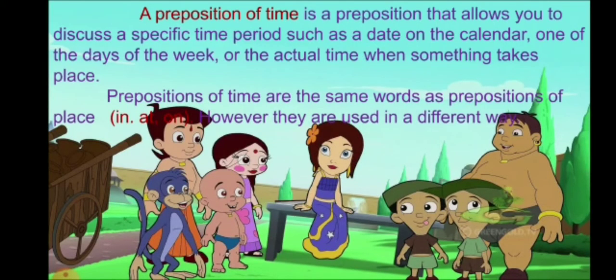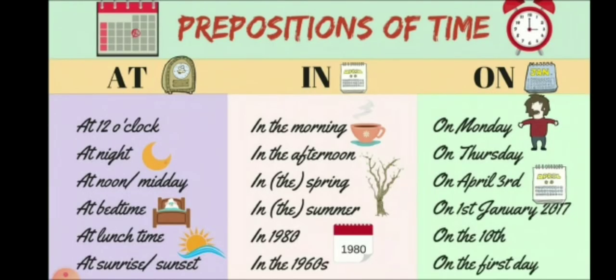A preposition of time is a preposition that allows you to discuss a specific time period, such as a date on the calendar, one of the days of the week, or the actual time when something takes place. Prepositions of time are the same words as prepositions of place: in, at, on. However, they are used in a different way. These are the prepositions of time.